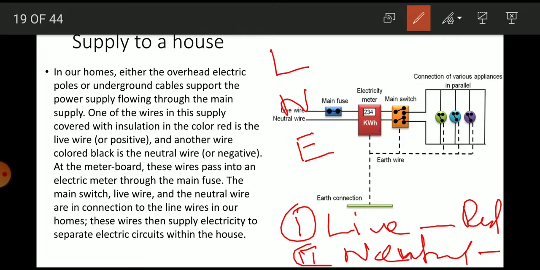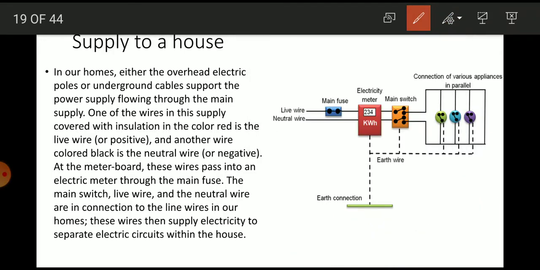At the meter board, these wires pass through the main fuse and the main switch. The live wire and the neutral wire then supply electricity to separate electric circuits within the house. The earth wire might be white or yellow, it is available in different colors.